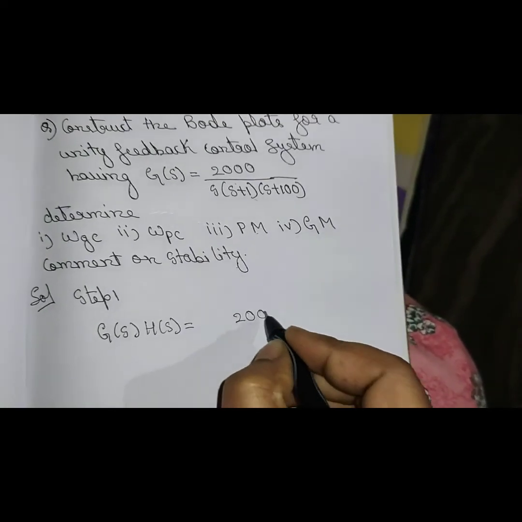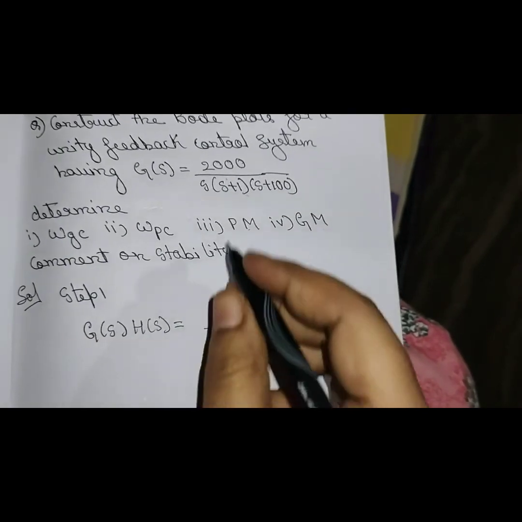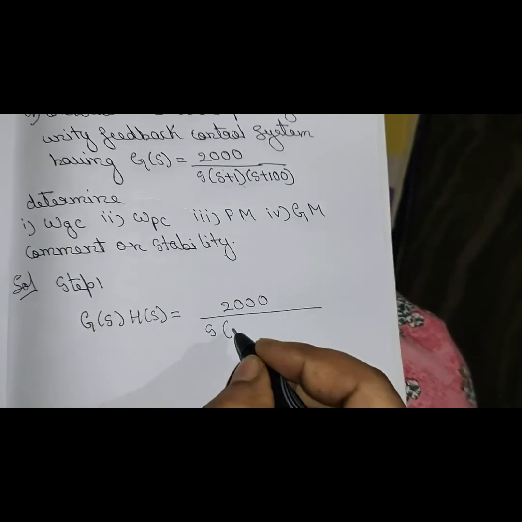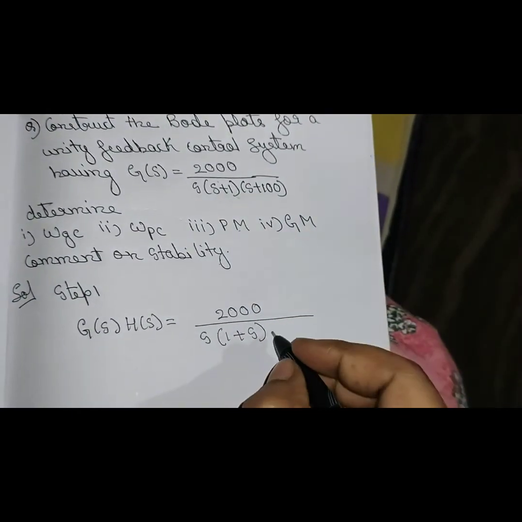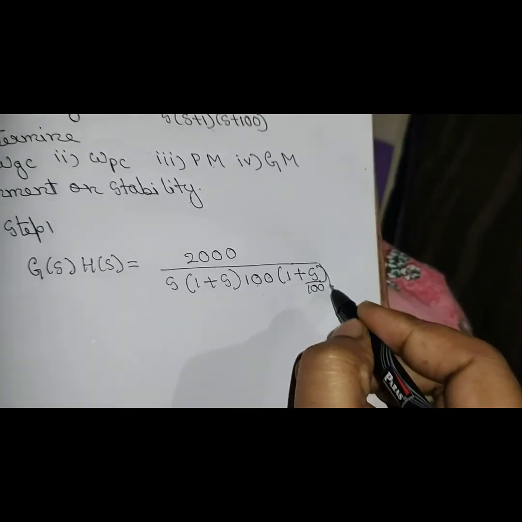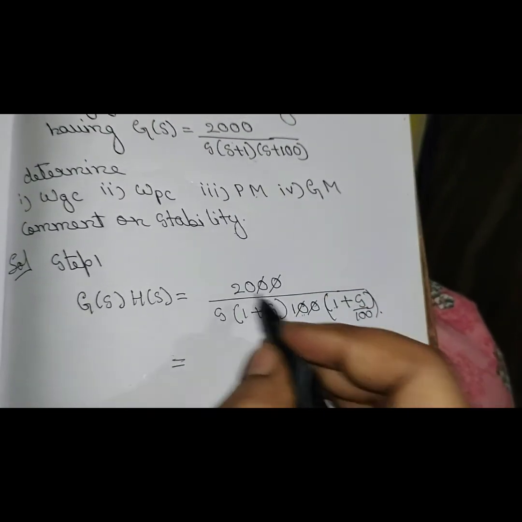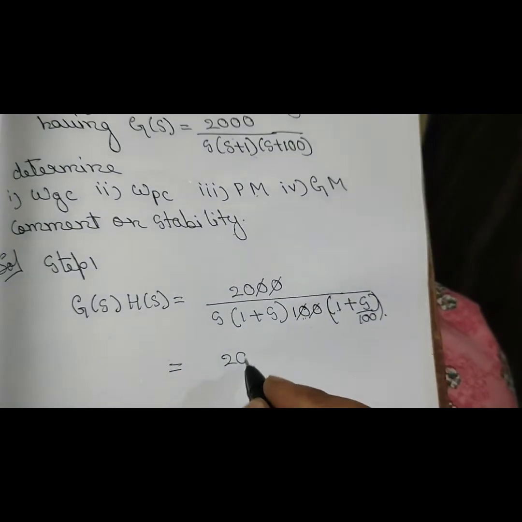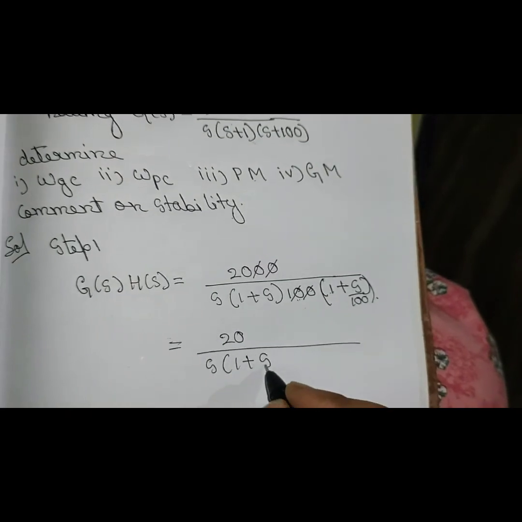Write as it is, 2000 divided by s, and here 1 plus s, and here you will get s divided by 100, so the constant becomes 20 divided by s into (1 plus s).